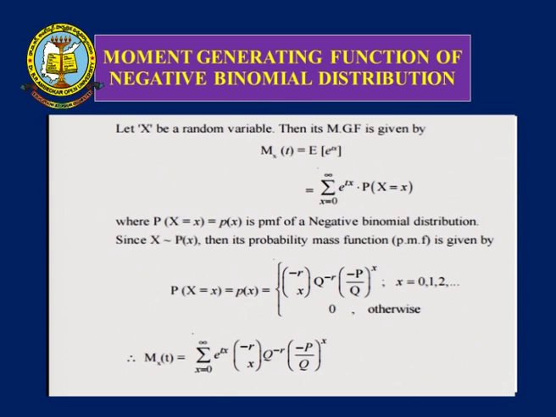So let X be a random variable, then its moment generating function is given by M_X(t) is equal to the expectation of e to the power of tX. The moment generating function is represented by M_X(t), which we can write in terms of mathematical expectation, that is, expectation of e to the power of tX.